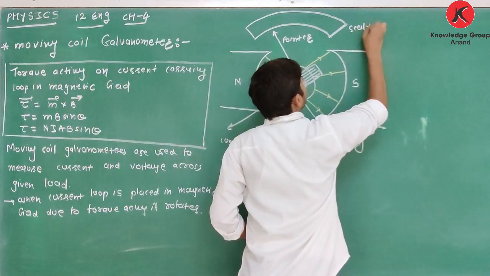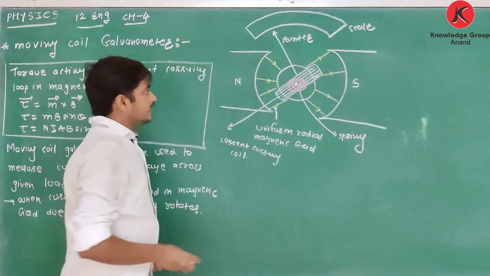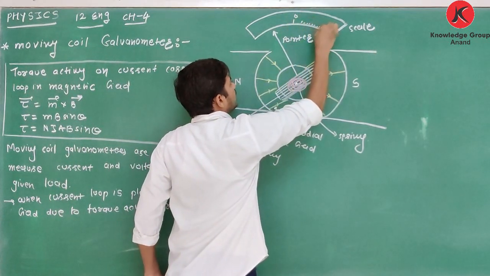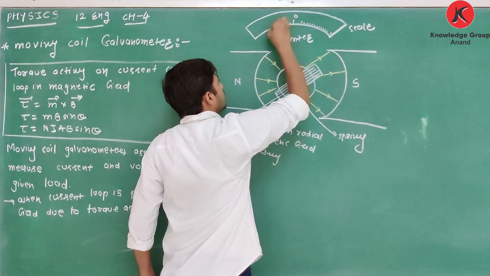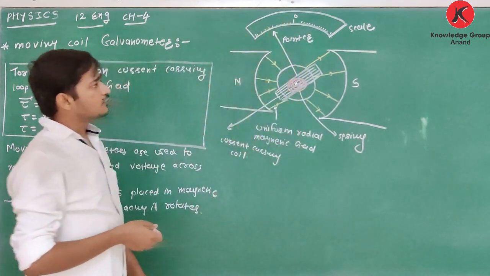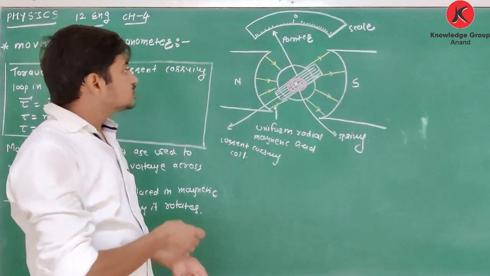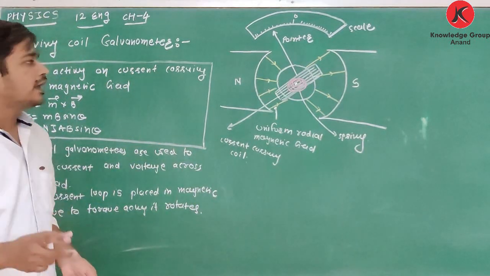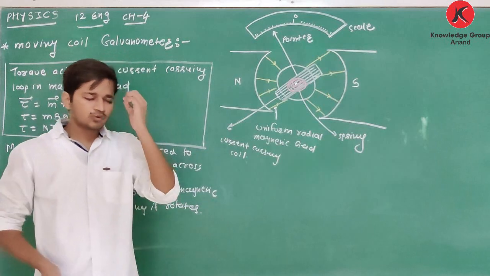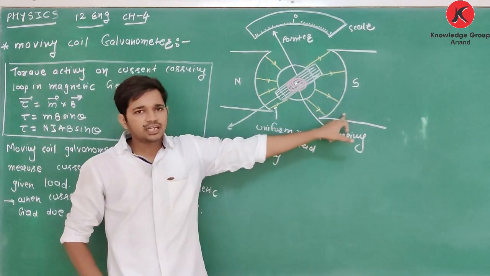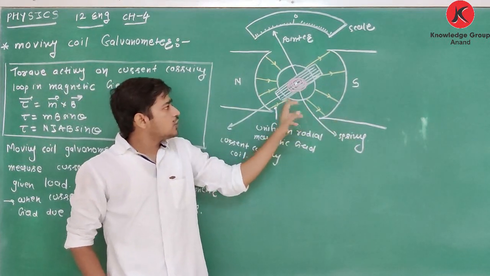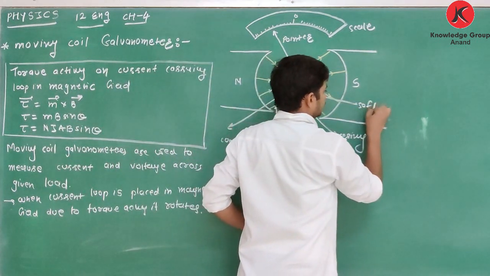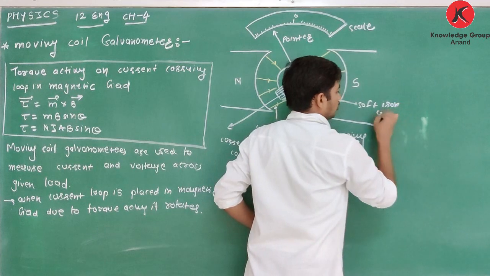It is the scale. Here it is 0, and on one side there are terminals. So that is the construction of the moving coil galvanometer. Again, what is the construction? Magnetic poles, a soft iron core.